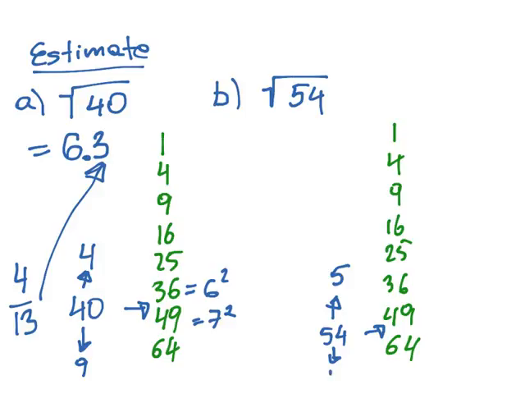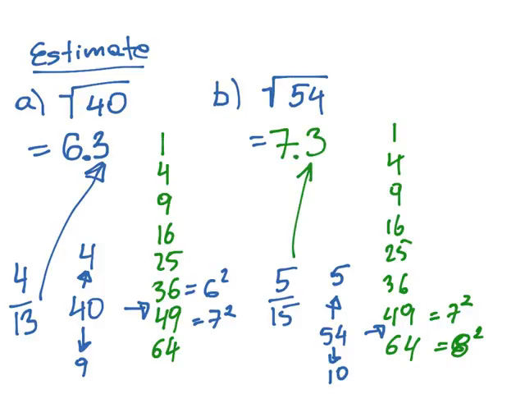So that means it lies between 7 squared and 8 squared. So our answer will always be the smaller one, so it's going to be 7. And then do the same procedure. Take 5, divide by 5 plus 10, which is 15. And this will give us 0.3. And if you look on your calculator, root of 54 is roughly 7.348, which is a pretty good estimate.